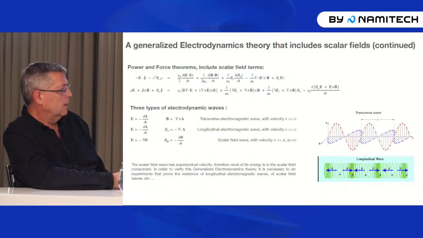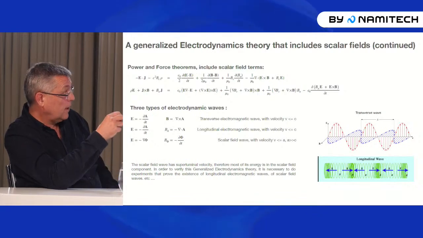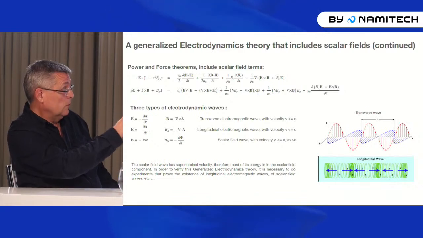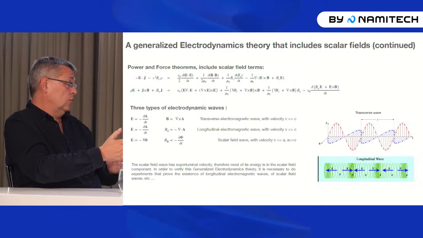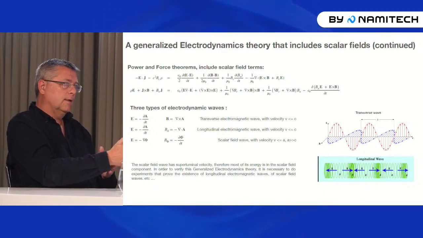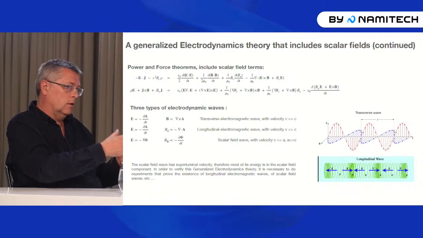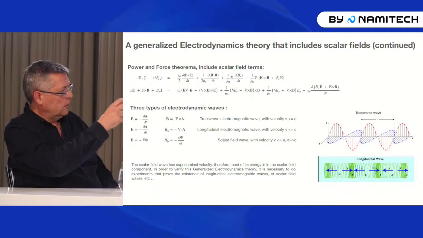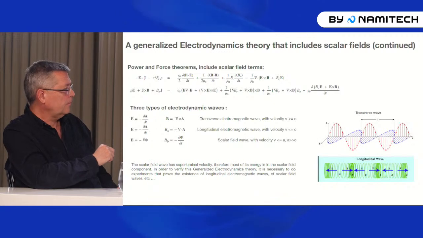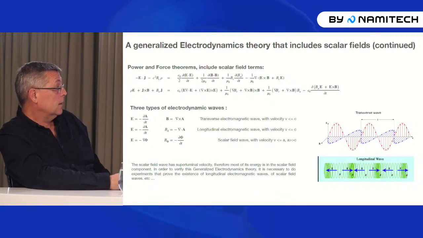And because the scalar field in the superluminal wave is dominant, because there's also an electrical component in that wave, but the scalar field is stronger, I call it a scalar field wave.